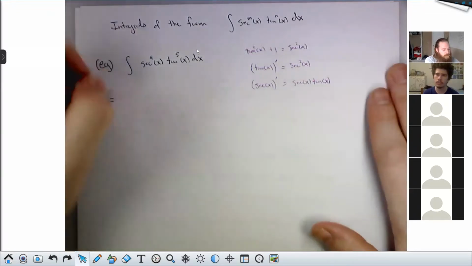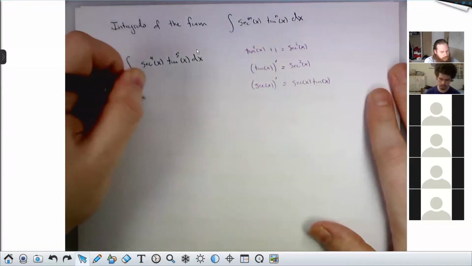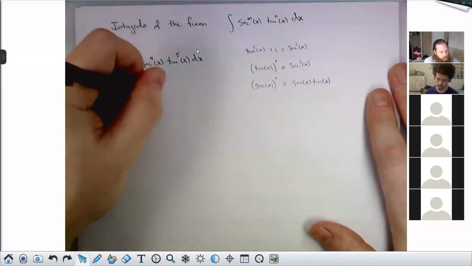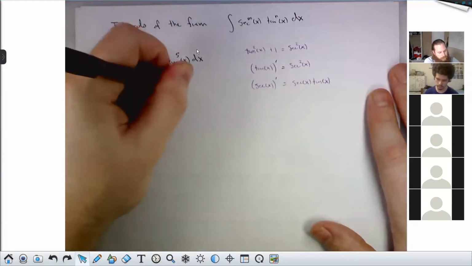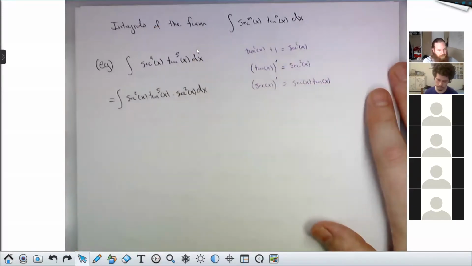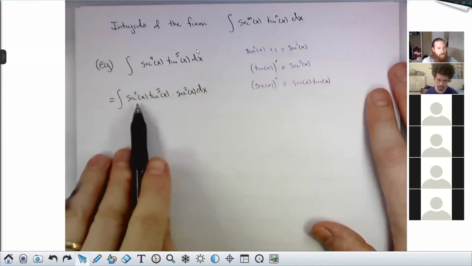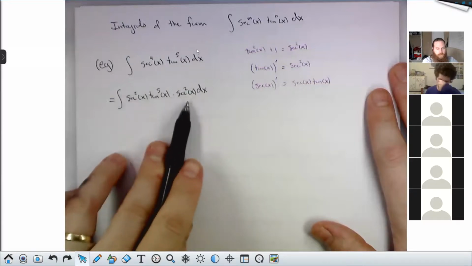If I set aside two of the secants, then I can rewrite the remaining secants in terms of tangent, and the piece I need to substitute z equals tan x is sitting right here.